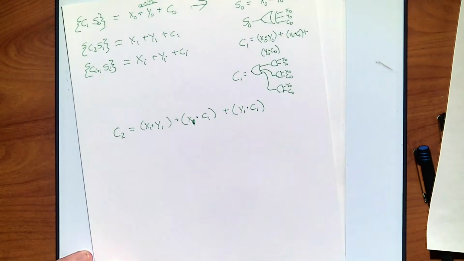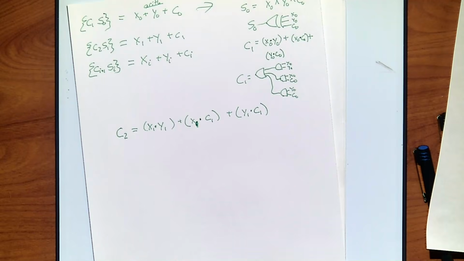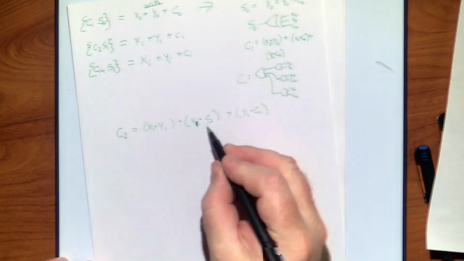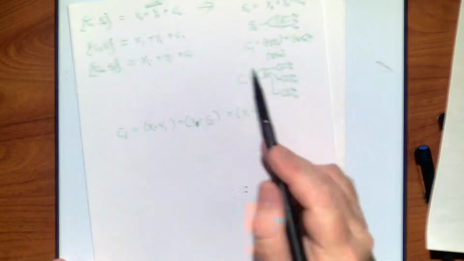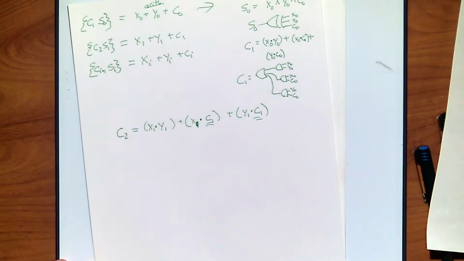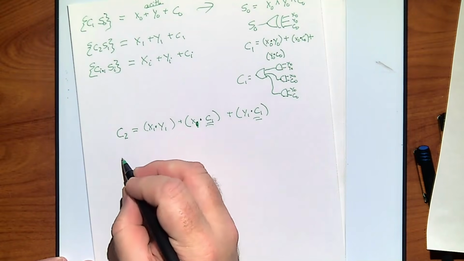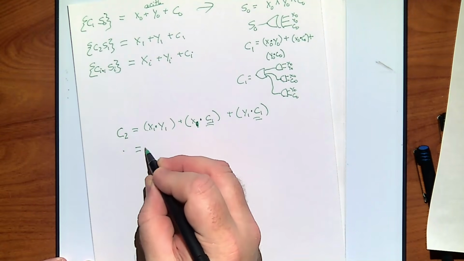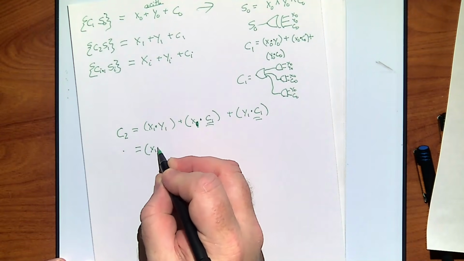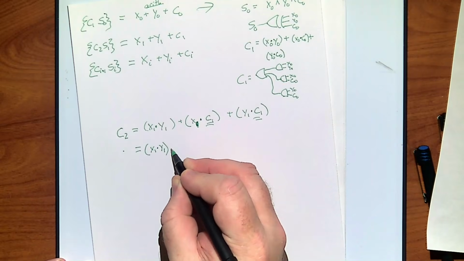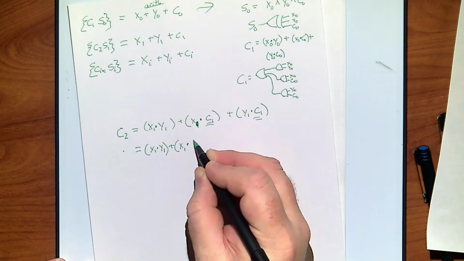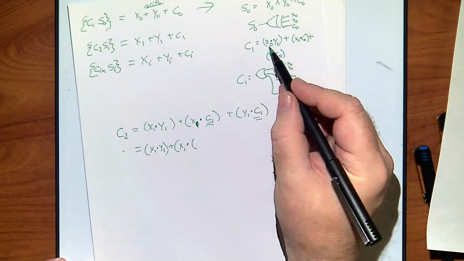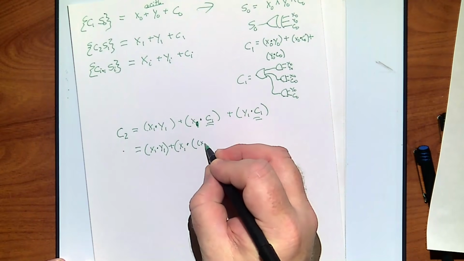The only thing I don't know here is the C1, which came from the previous level, but I can take the expression for C1 and stick it in. So this C2 doesn't need any substitution, but for C1 here, I've got to grab this expression.